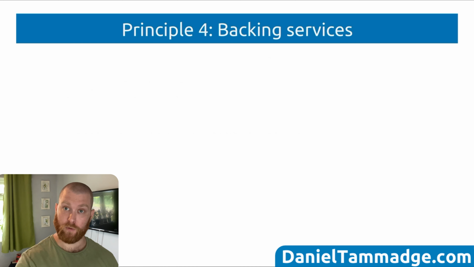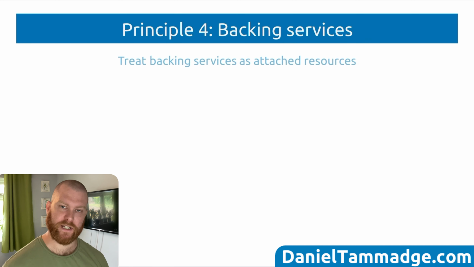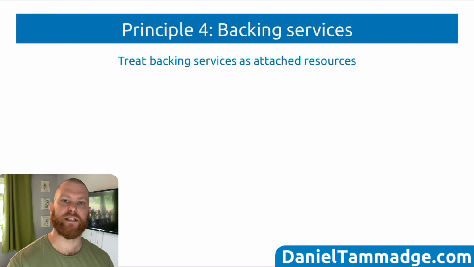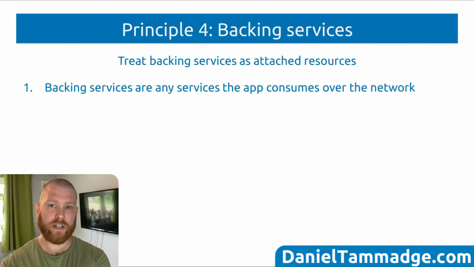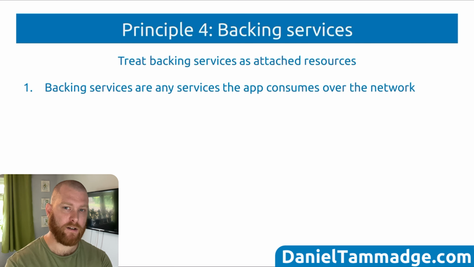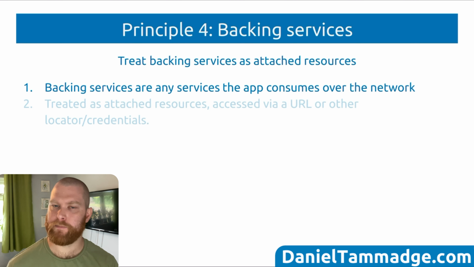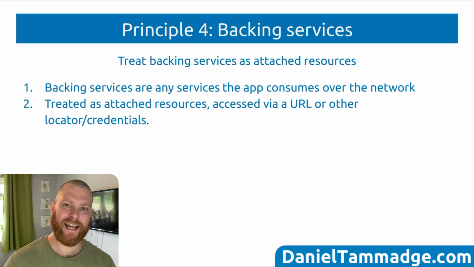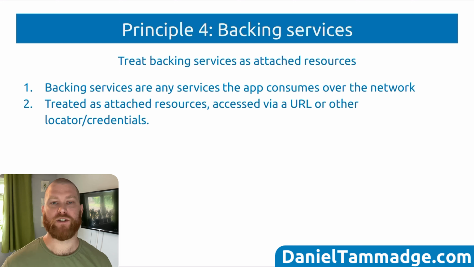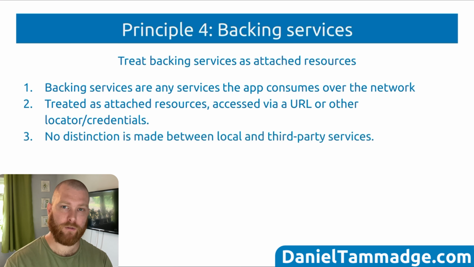Now, principle 4, backend services. Treat backend services as attached resources. This principle emphasizes the importance of keeping backend services such as databases or message queues treated as attached resources that the application relies on and separated from the application code.